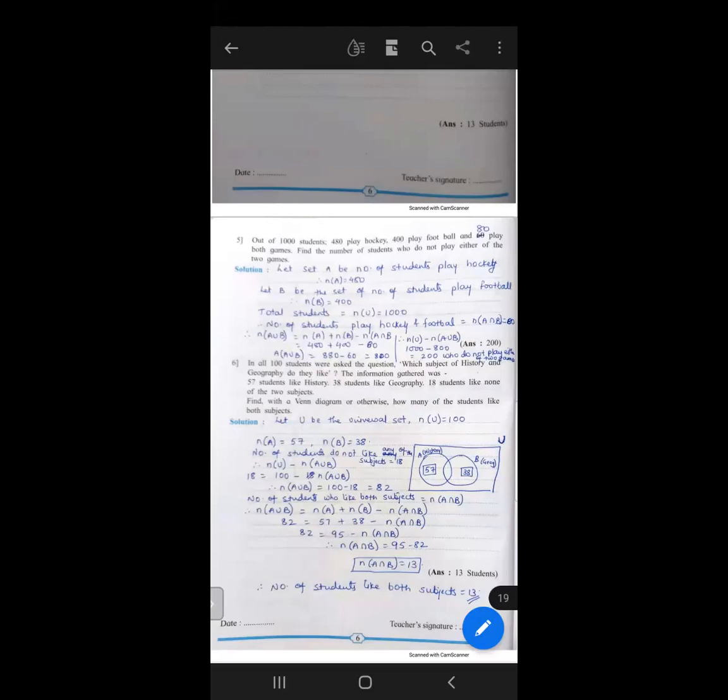So A represents the number of students who play hockey. So N of A will be how much? 480.